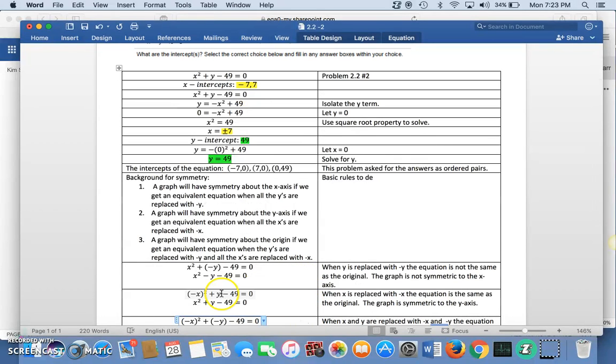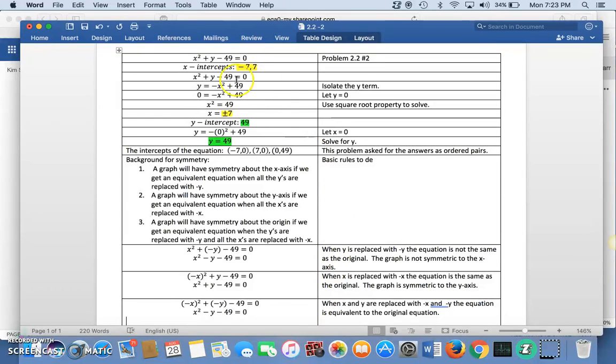Then we'll come down and do the negative x. So we're doing the negative x, we're checking for y-axis. And notice that this equation is identical to what you started with, so it is symmetric to the y-axis. For the origin, you replace both.